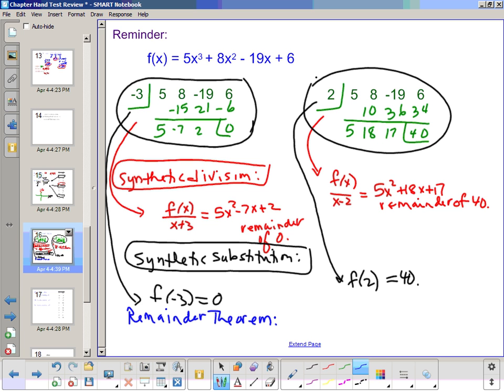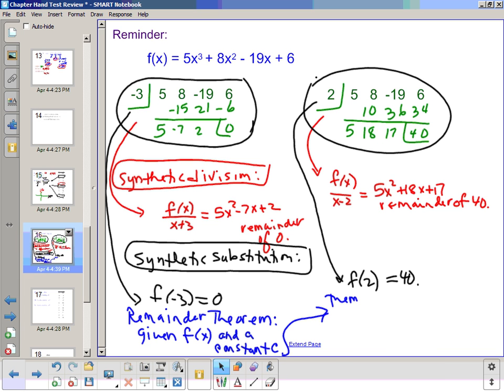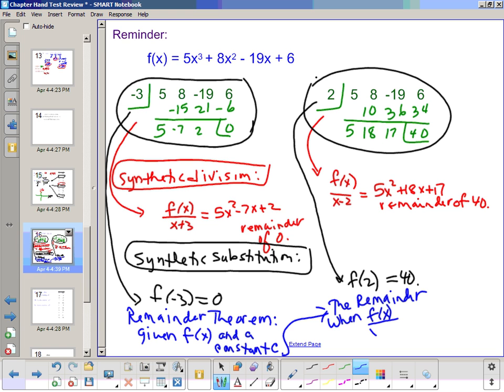And the remainder theorem states, very generally, that if you are given a function, I'll call it f of x, and a constant, which I'm going to call c, then the remainder when that given polynomial is divided by x minus this constant is always going to equal the value of f of the constant.